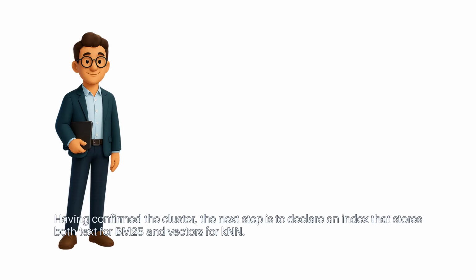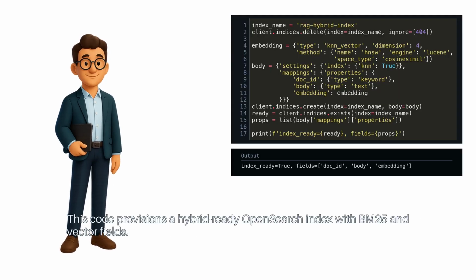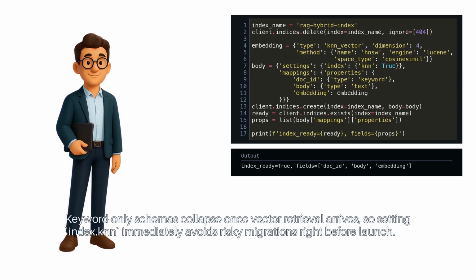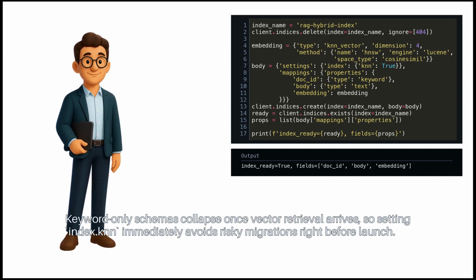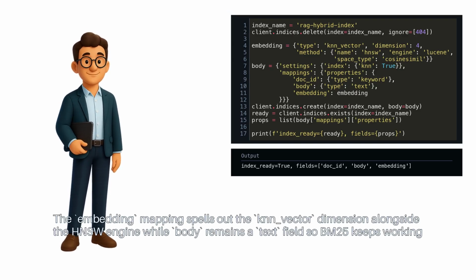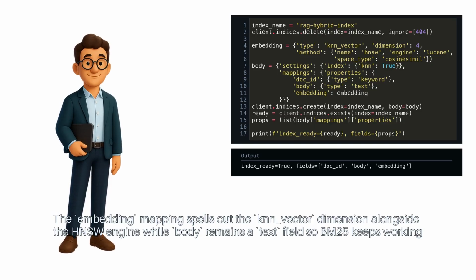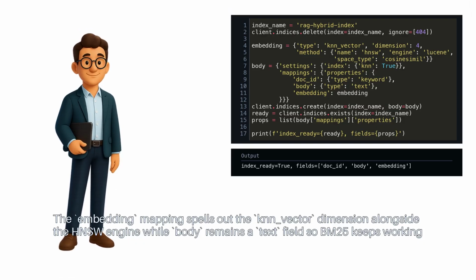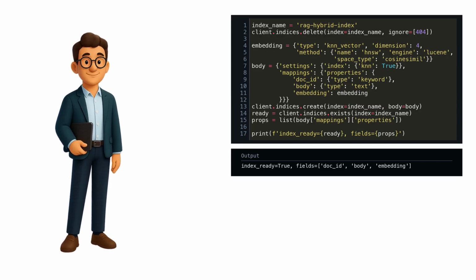Having confirmed the cluster, the next step is to declare an index that stores both text for BM25 and vectors for KNN. This code provisions a hybrid-ready OpenSearch index with BM25 and vector fields. Keyword-only schemas collapse once vector retrieval arrives, so setting index.knn immediately avoids risky migrations right before launch. The embedding mapping spells out the KNN vector dimension alongside the HNSW engine, while body remains a text field, so BM25 keeps working without extra analyzers.